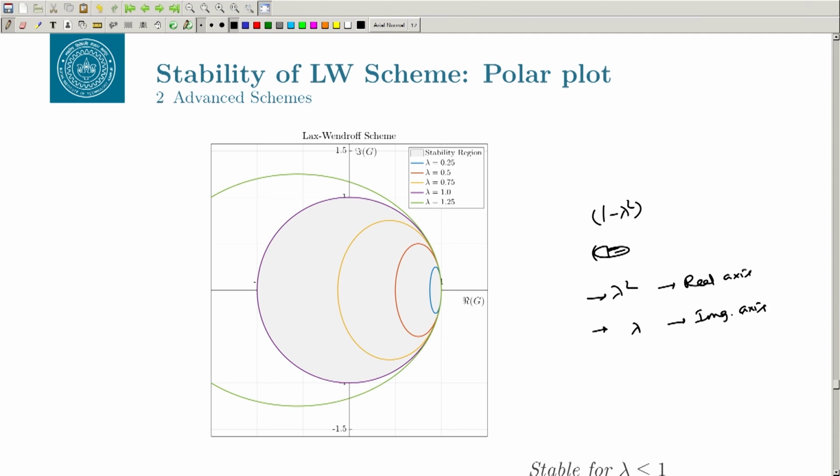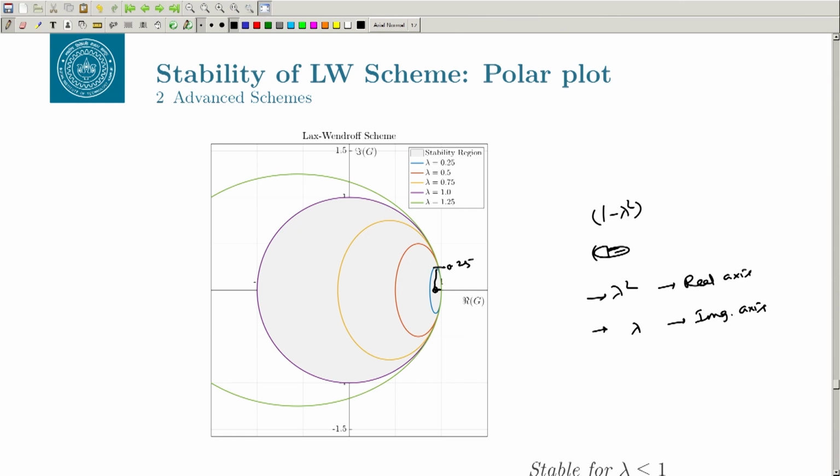So, you can see that if your lambda is equal to 0.25, okay, so your center is just at 1 minus lambda square, and my real axis is lambda square. So, this is smaller than 1 and this is just your lambda. So, this is the value of 0.25, right.